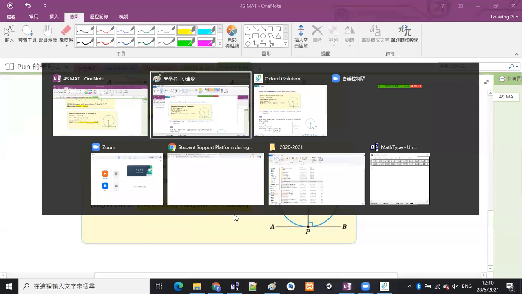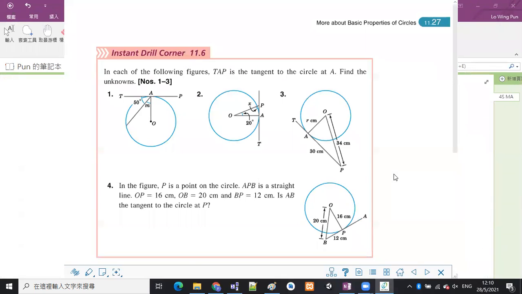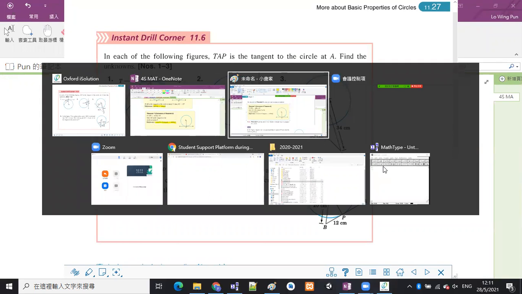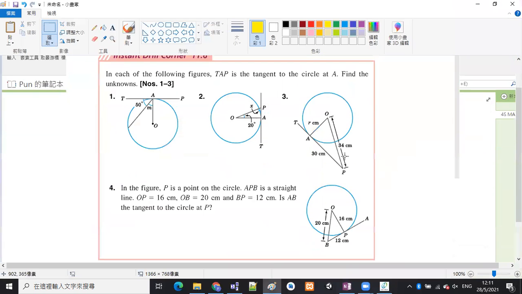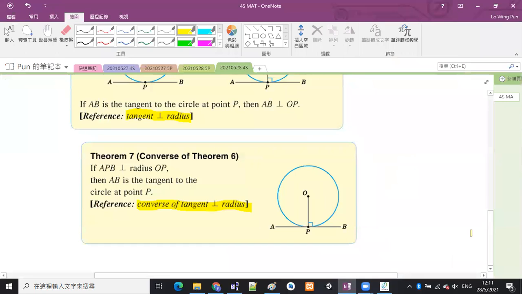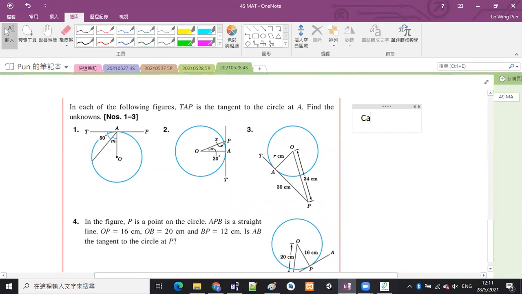All right, so let's do some examples first. Let's go to the next page. I would like you to do the instant drill corner 11.6. Now, I just give you 2 minutes to do this. 淨係盡快寫到答案出嚟得啦，呢一個 exercise，great. So give you 2 minutes.